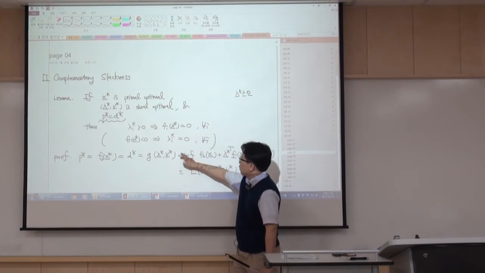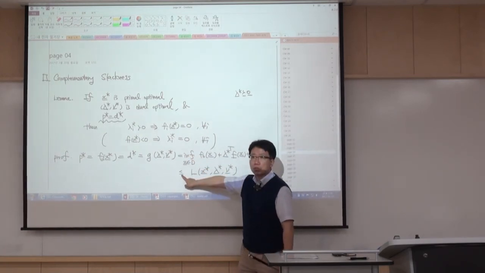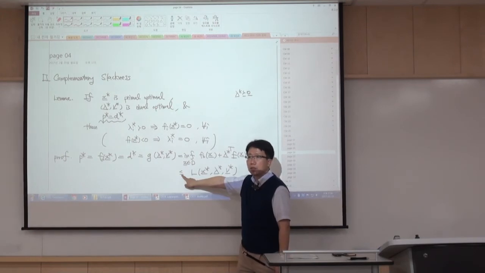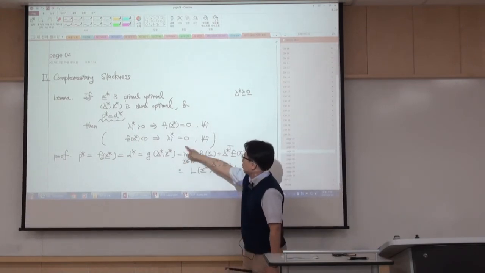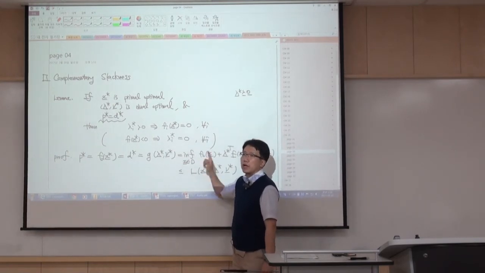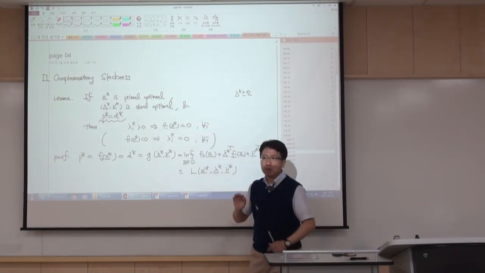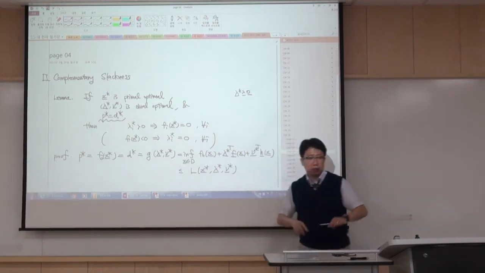But this is the infimized version of L. So that's why this holds. Got it? In general, the solution to this optimization problem may not be x star. May not be. But we assumed strong duality holds, so we will see that that is true.